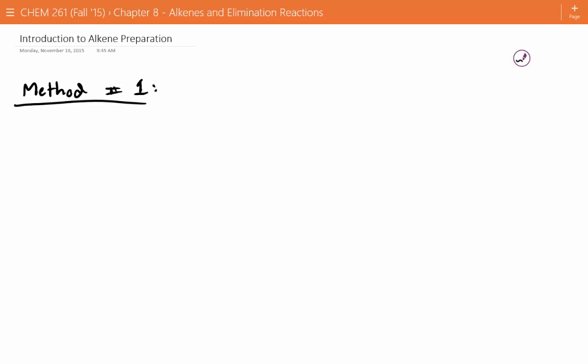In method number 1, I've got a leaving group, and I've got a really, really strong base. Actually, let me even add on another group here. I'm going to add on 2 CH3 groups. There we go. So we've got a leaving group attached to a secondary carbon.